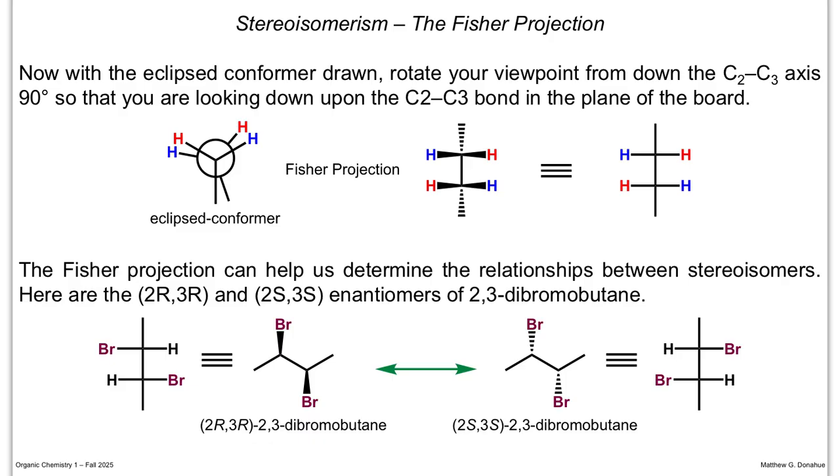And so when we see the actual Fisher projection for glucose, that vertical line is going to get pretty long, but what you have to realize is that those carbons at 1 and 6 are actually really close to each other, because they keep going back due to the eclipsing relationship.